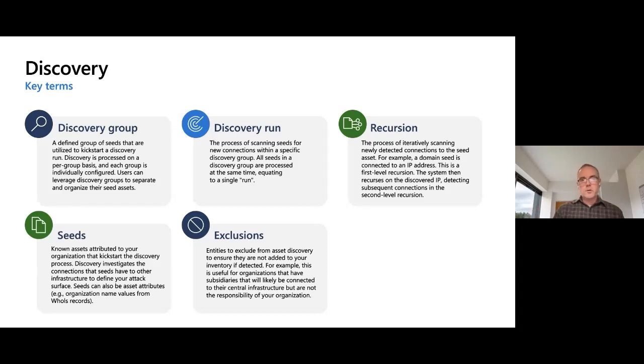And this is all part of your discovery group. So the exclusion essentially says anything related to this asset, don't bring it in. Make sure that it is not part of the confirmed or approved inventory belonging to this customer. And so the exclusions work hand in hand with your discovery seeds to tell our discovery algorithm what to look for and what not.